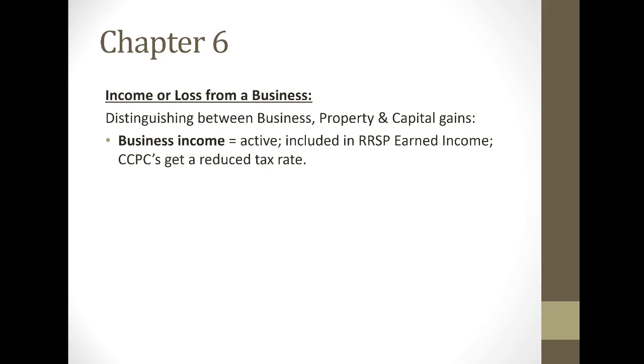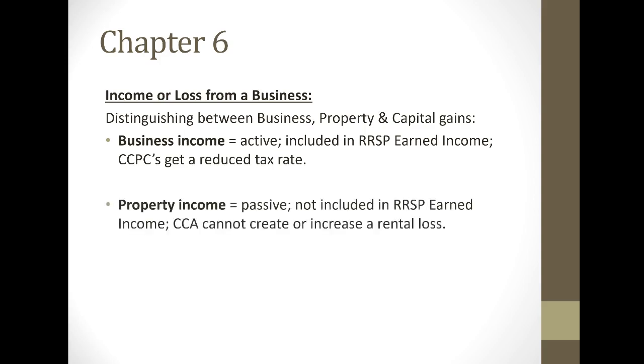So if an individual generates business income, they get to add that to their earned income, and that will increase their RRSP contribution amount. Now for a corporation, if the corporation is a CCPC, a Canadian-controlled private corporation, then they get a reduced rate of tax. And so once again, that's important to be able to classify income as business income because there are some tax advantages. Now, property income is passive in nature.